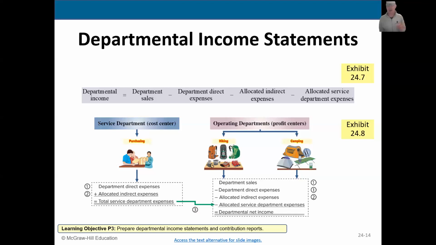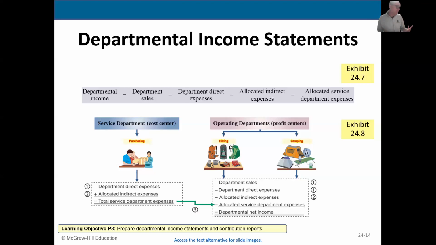And then minus the allocated service department expenses, like, for example, rent: total rent times the percentage of the square foot of the department, to allocate that to the department. Sales minus direct expenses minus allocated indirect expenses minus allocated service department expenses equals department net income. That's the formula.